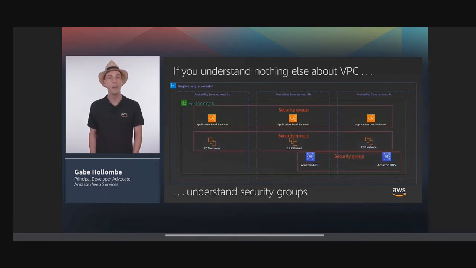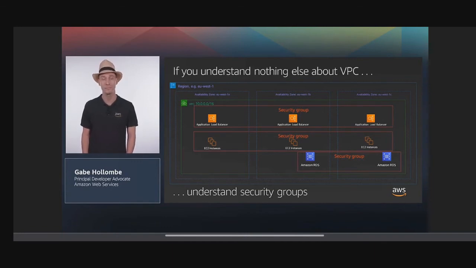If you understand nothing else about VPC networking, I hope you will at least understand this concept of security groups. A security group acts as a virtual firewall for a virtual machine instance running in your VPC, controlling its inbound and outbound traffic. And these security groups are a very useful construct to control access between the different parts of the VPC.